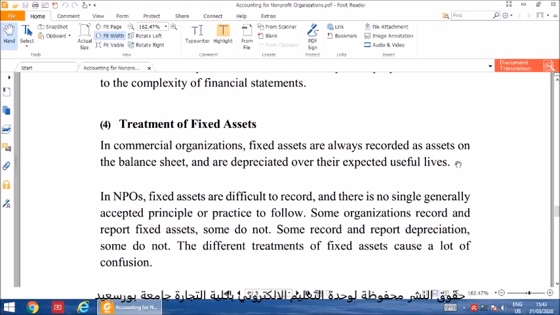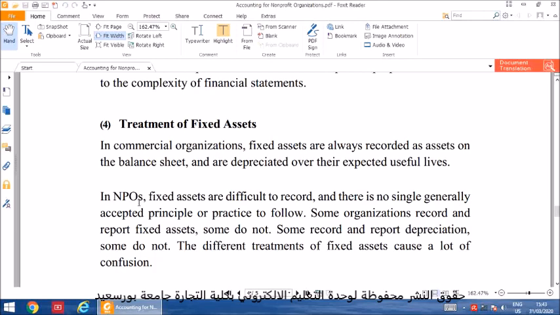In non-profit organizations, fixed assets are difficult to record, and there is no single generally accepted principle or practice to follow.